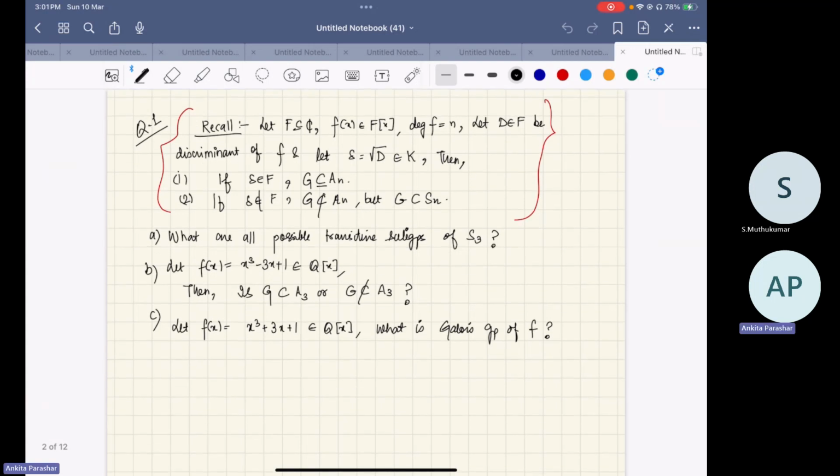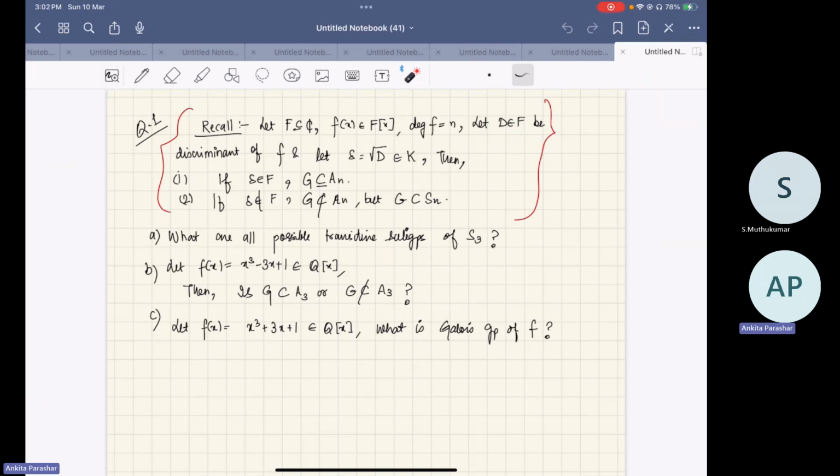It says that if you have a subfield K of C and f(x) a polynomial in F[x], let's say the degree of f is n, and D is the discriminant of f, which of course we know appears to be in the extension, but later it can be proved that it is actually in the base field also.